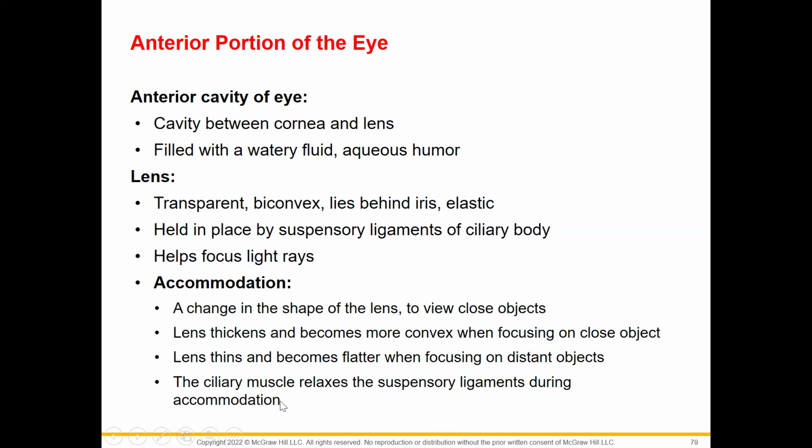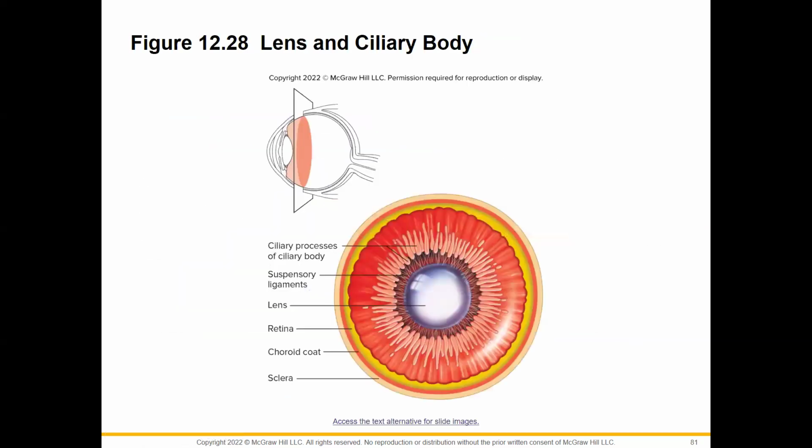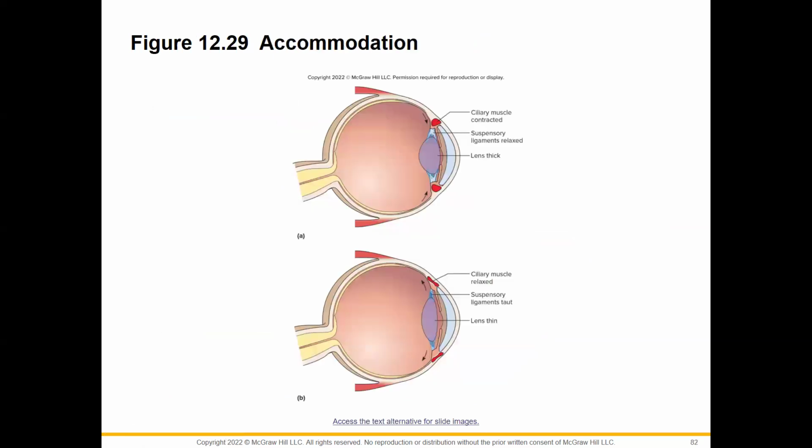The ciliary muscles will then relax the suspensory ligaments during this accommodation in order to help. So this image is showing you accommodation. You notice that the lens is thicker and rounder here. This is in order to help see something close. And you'll notice that the lens is thinner and flatter here, allowing the person to see something further away.